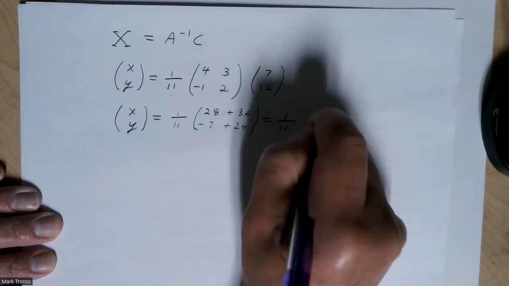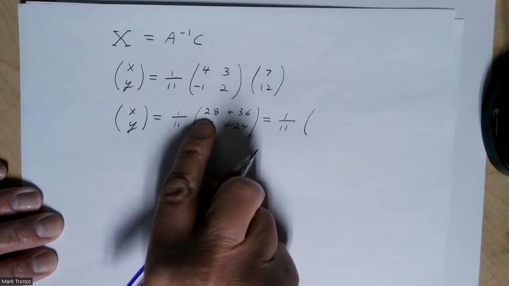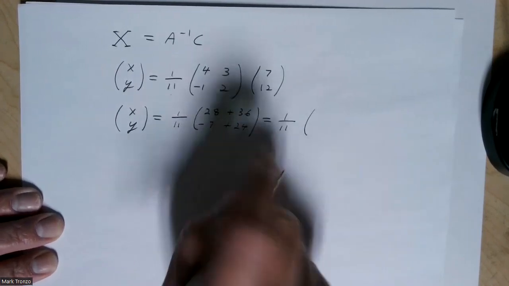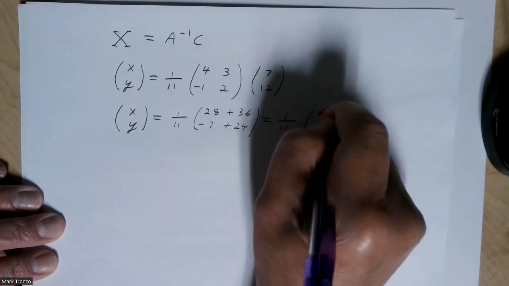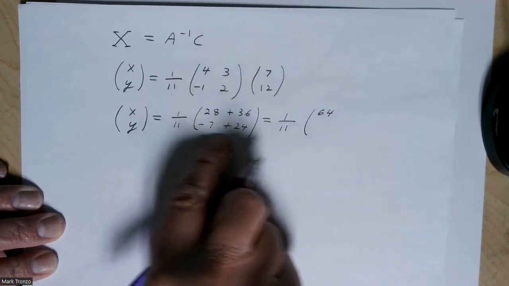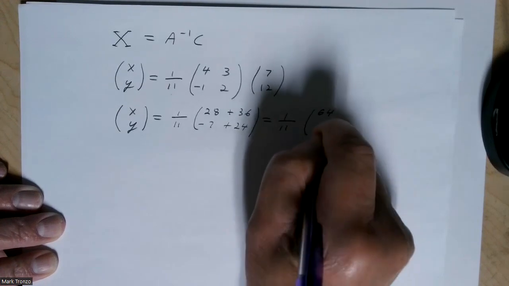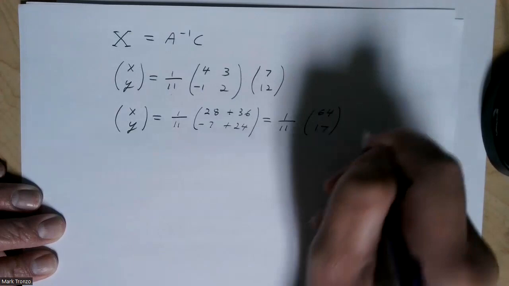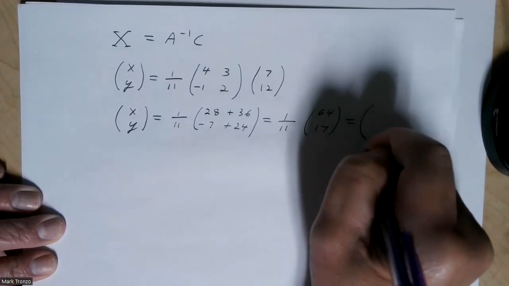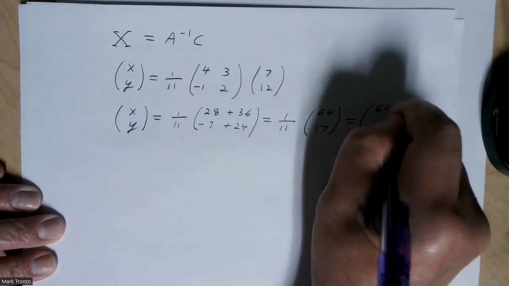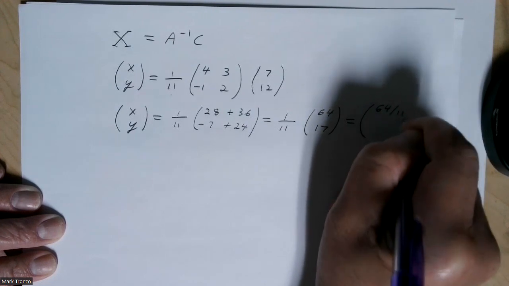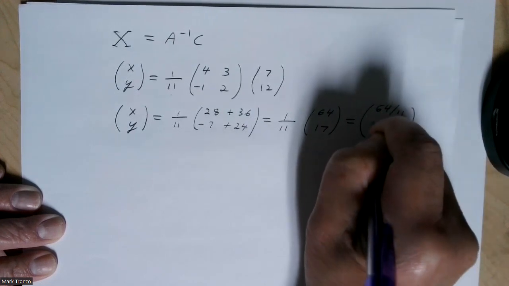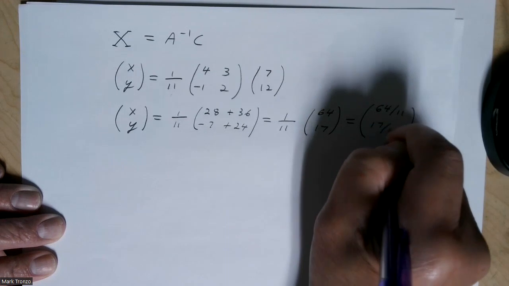And this is going to be 1 over 11. And what is that? 64. And this is 17. And finally, maybe after we have finished all the calculations, then we may multiply the 1 over 11 inside.